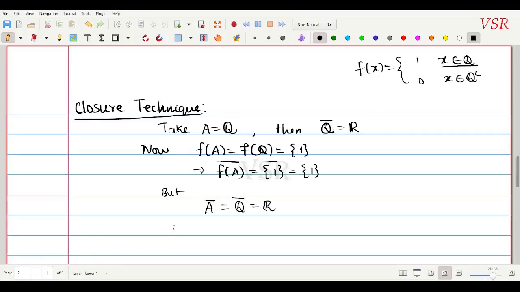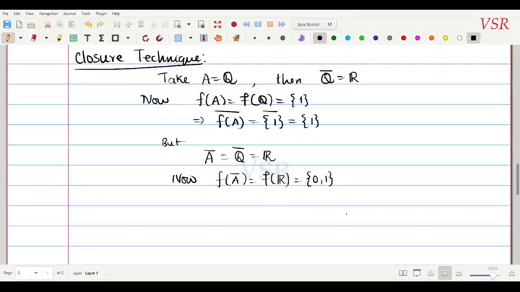Now what we are having is f of A closure which is equal to f of R. R ல Q இருக்கும், Q complement ல உள்ள எலிமெண்ட் இருக்கும், that is rational இருக்கும் irrational இருக்கும், therefore this is equal to singleton 0 வரும் 1 வரும். கரெக்டா? இந்த செட்டை பொறுத்த வரைக்கும் that is image, f னுடைய range, full range கேட்கிறேன், அது 0 and 1.